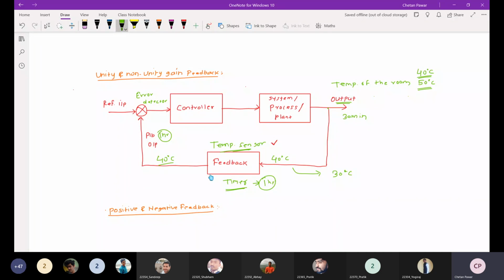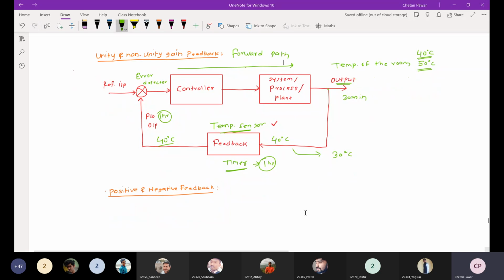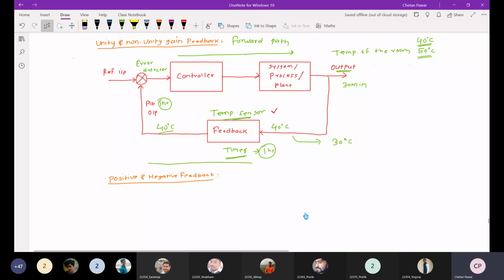Okay. So this path is called the forward path. And this path is called the feedback path. So we have discussed this particular control system, the feedback control system or closed loop feedback system, for an air conditioner, right?